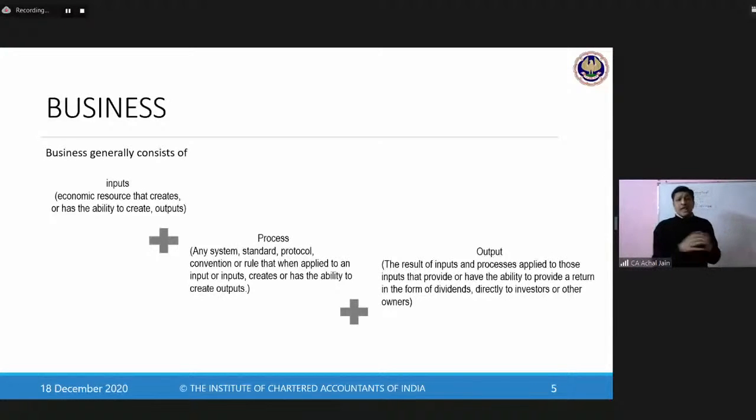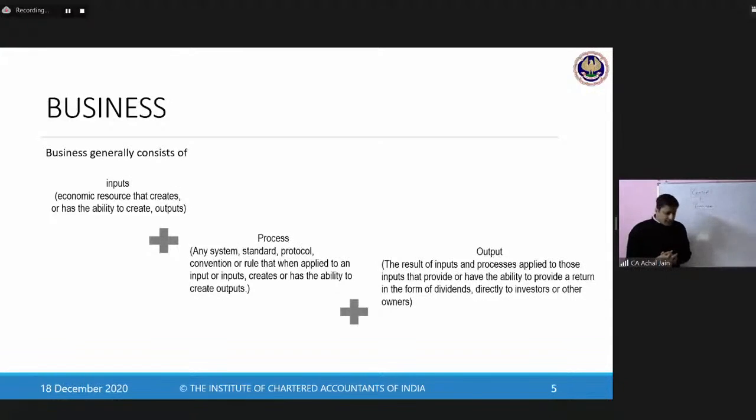And those assets, or the group of assets or liabilities, may require certain operational activities which will exist in an entity, and which will require use of those tangible or intangible assets, or both. Using which, or with the combination of which, the entity will get some output. Correct? So this is what we call a business.